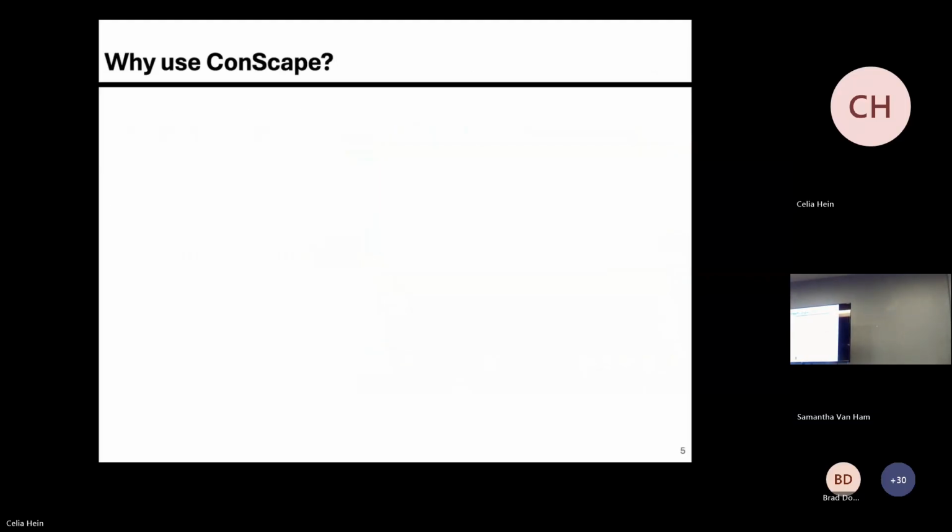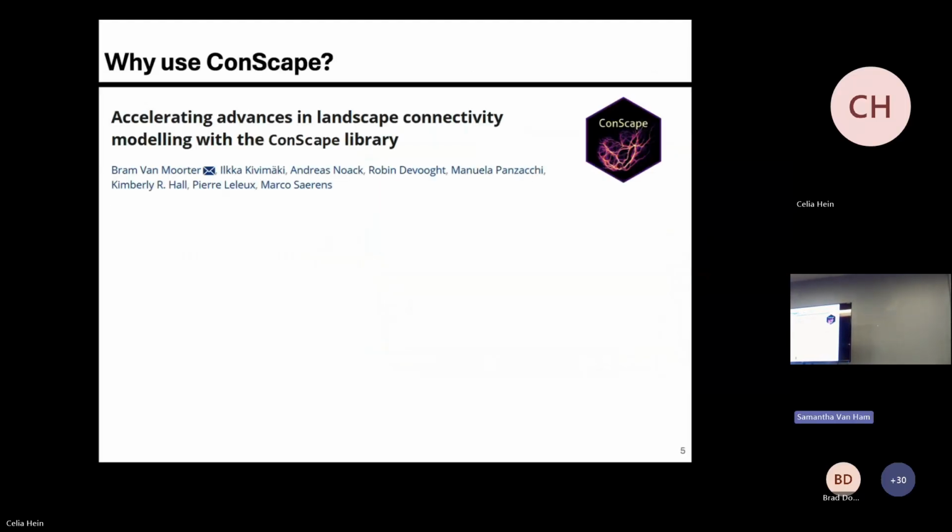Okay. So why use ConScape? ConScape was published in 2022, 2023 by Brand Van Mortar. And it's a very cool thing. We've already talked a little bit about their advances.